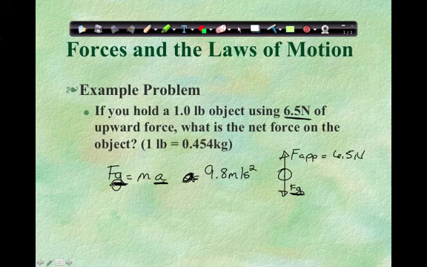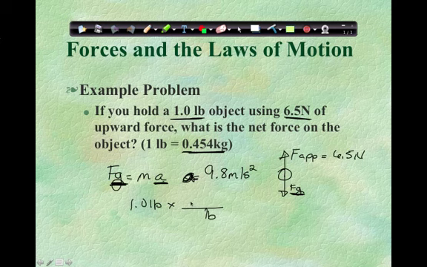So we have that. So to get the force of gravity going down, really what we're solving for is the weight. We need to get the mass. Well, we know that it weighs 1 pound, but we can convert that to kilograms. So let's go ahead and do that. The object is 1 pound. We know that 1 pound is equal to 0.45 kilograms.